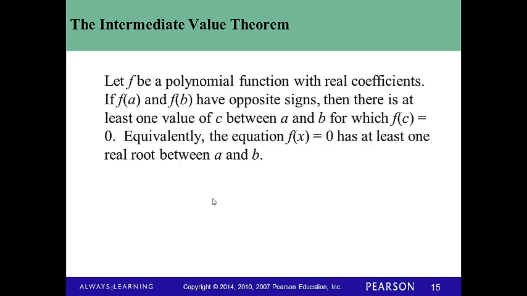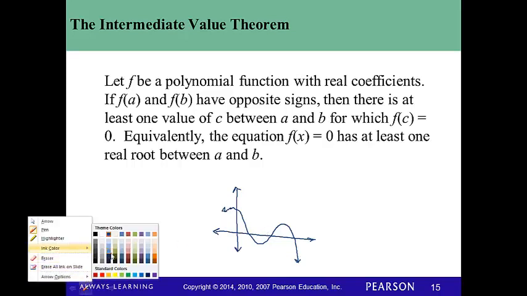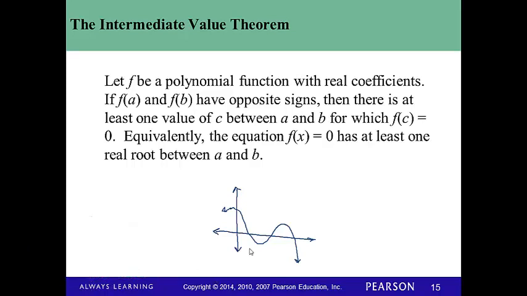So what they're saying is, if I have a graph, let's see if I can make up a graph. Let us for now pretend A is here, and let's put B right here.